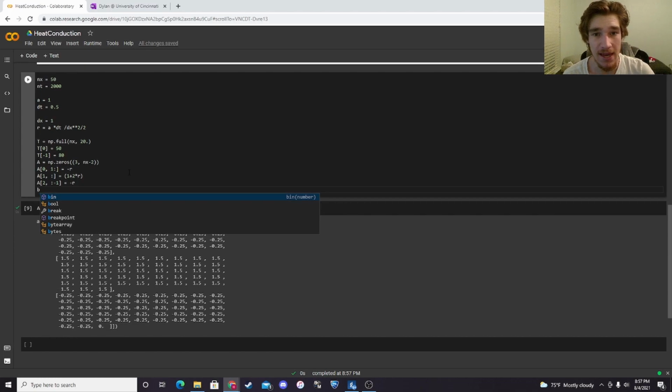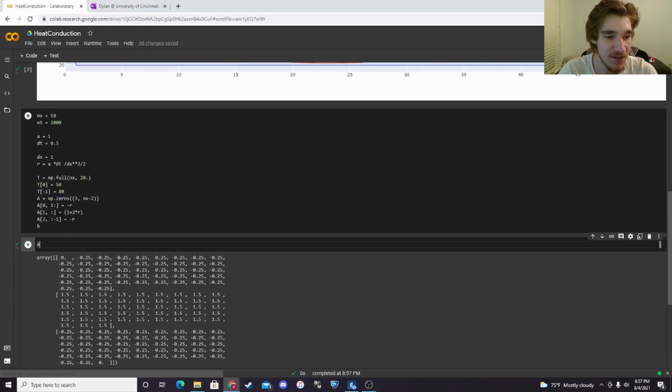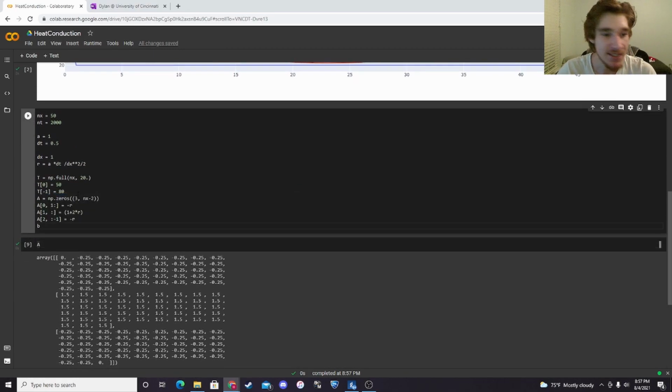It will be able to solve our 48 independent equations very easily and very simply. It does not take very long at all. You can solve up to hundreds of thousands of independent equations. But here we would just be doing our 48, because 50 minus 2 is 48, because we have 48 unknowns, right? We need to find the temperatures of all of the increments in between.